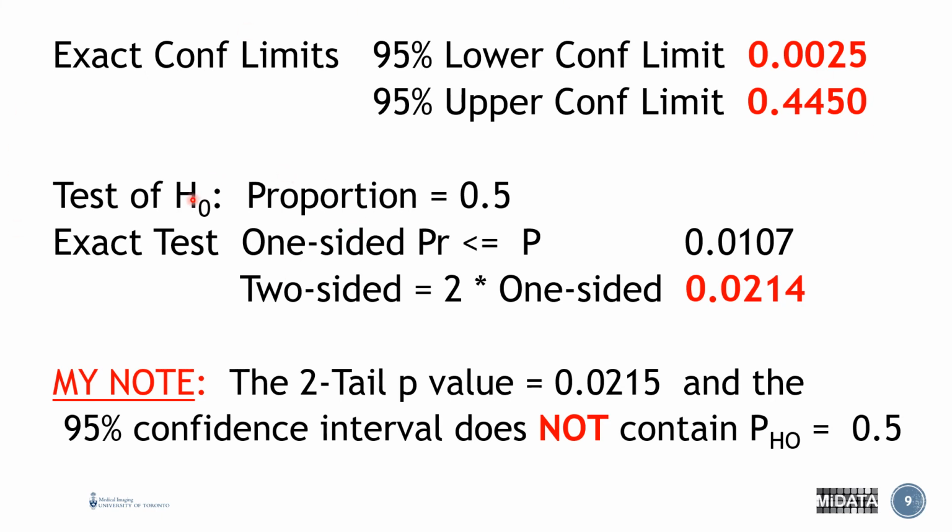When we test whether the proportion observed is significantly different from our null hypothesized proportion of 0.5, we see that the one-sided probability is 0.0107, and when we consider both tails and add them together, we get a p-value of 0.0214. So the p-value is less than 0.05, and the confidence limit does not include the null hypothesized proportion of 0.5.